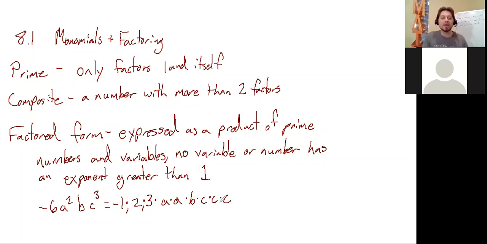So none of them have an exponent greater than 1, but they are all necessary to create this. So does this make sense?